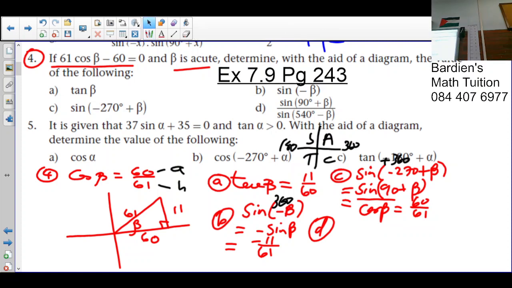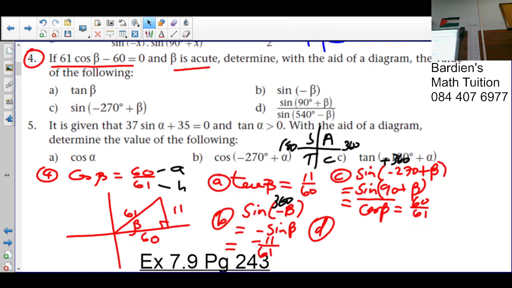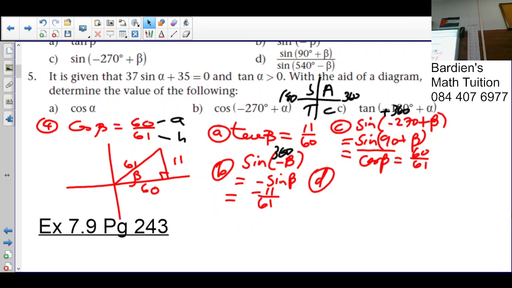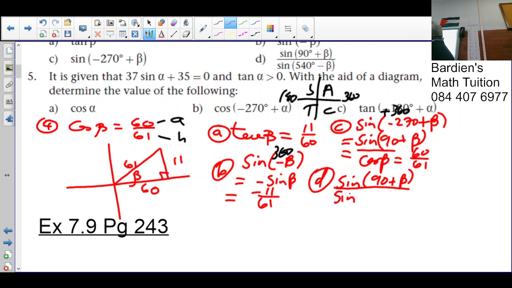D. Okay, let's pull this down a bit. D. This is sine 90 plus beta over sine 540 minus beta. So here I must subtract 360 in the denominator.